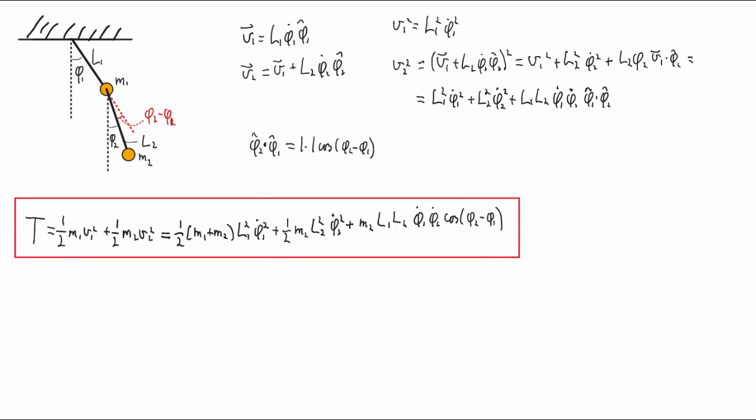Okay, next thing to calculate then is the potential energy. And it's a gravitational potential energy here, since we're dealing with pendulums. So we need to know the height of m1 and m2 as a function of phi 1 and phi 2. And that's relatively simple.